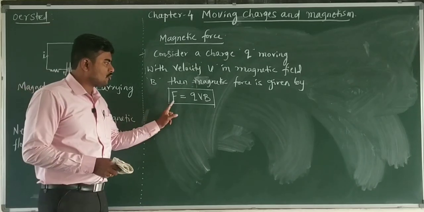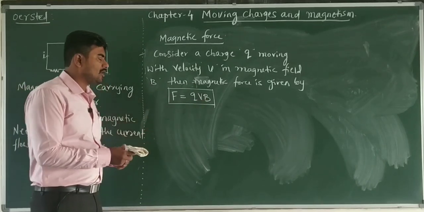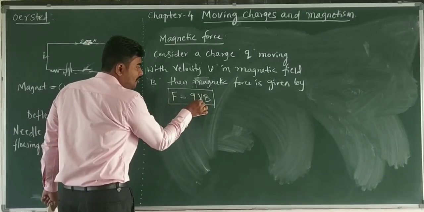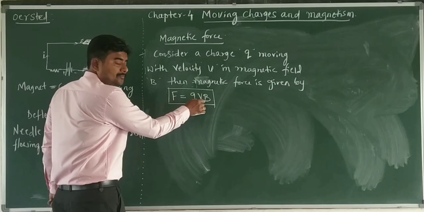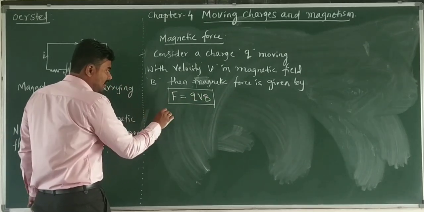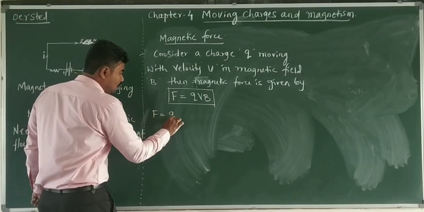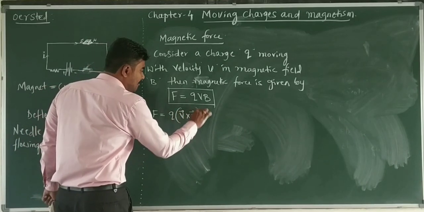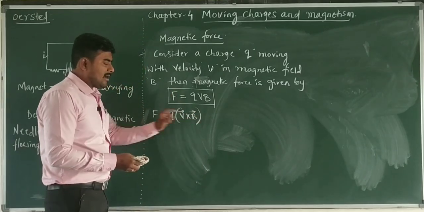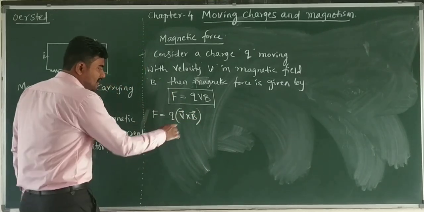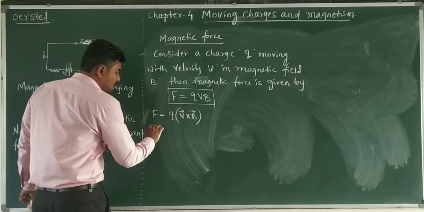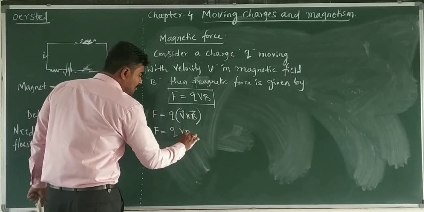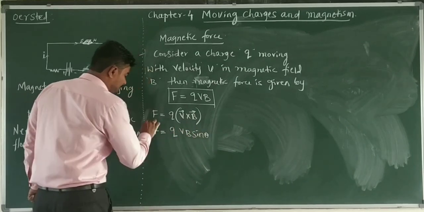And this force does not only depend on the magnitudes of Q, V and B, it also depends on the direction of V and B. Therefore I can write F equals Q V cross B, because velocity and magnetic field are both vector quantities, and this is a cross product. The cross product of two vectors in magnitude form I can write as VB sine theta.